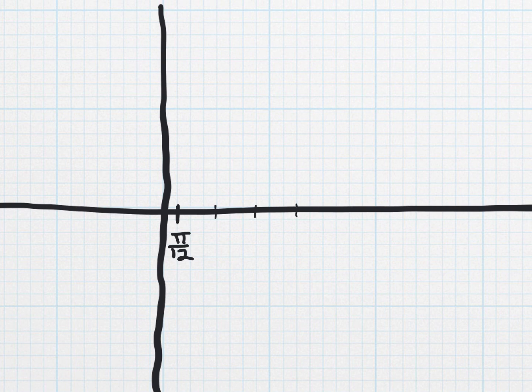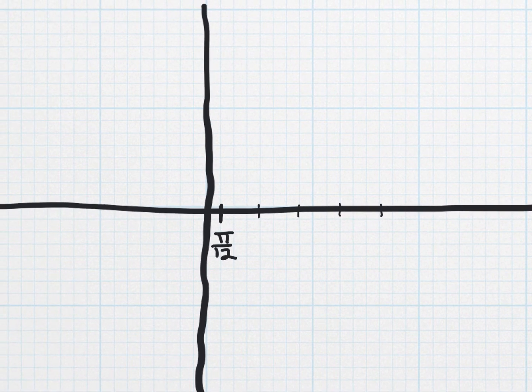I need 4 points over to the right, and then I need 4 points to the left. So far I've got 3, I need 1 more. We can also add in our amplitude while we're here. We could say that 1/2 is about here. We'll do 3 squares, and then the -1/2 is here.